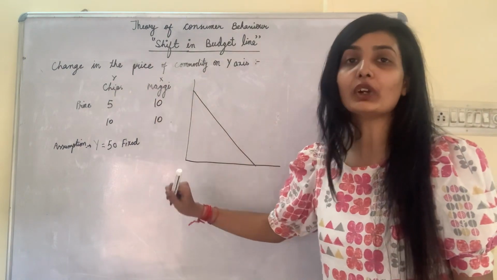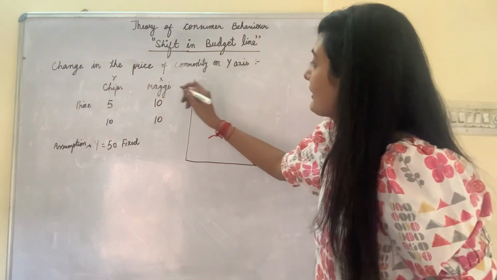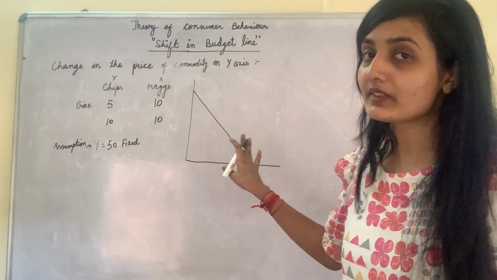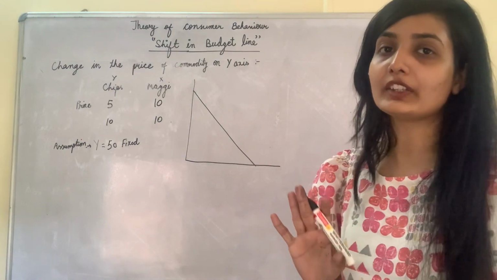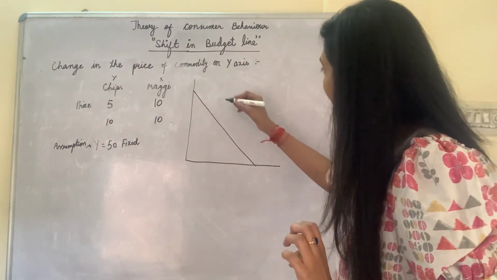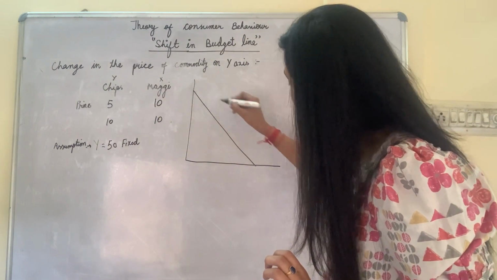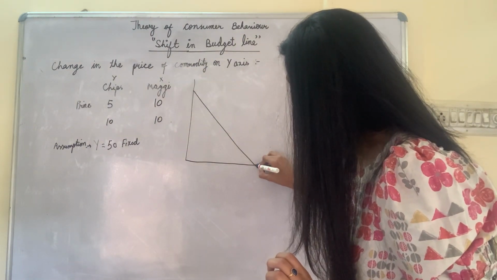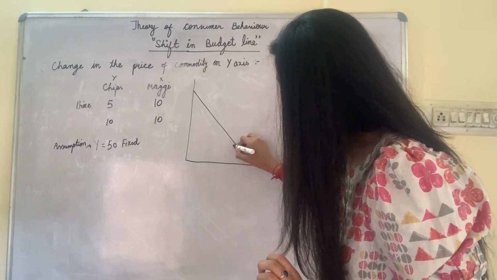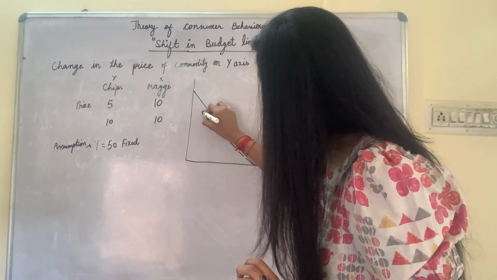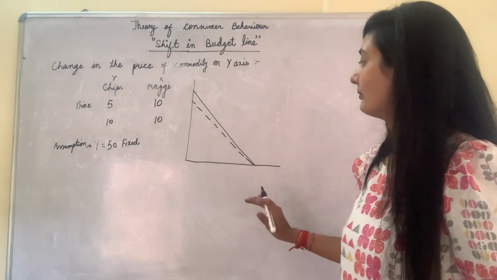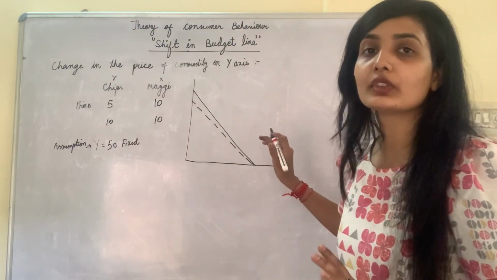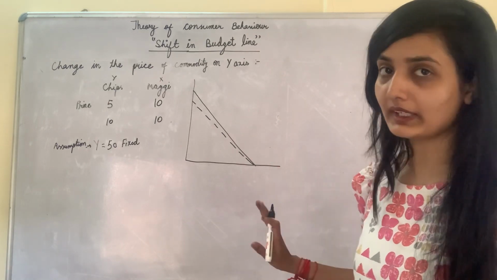What will happen? As the price of chips has increased, we will purchase fewer packets of chips. So our budget line will rotate. This is our budget line that will rotate.